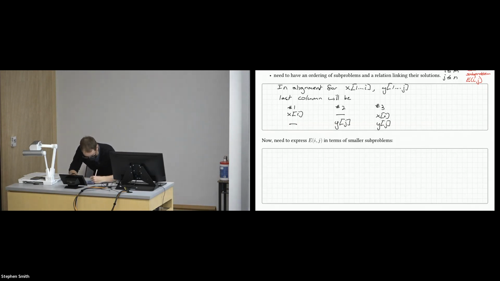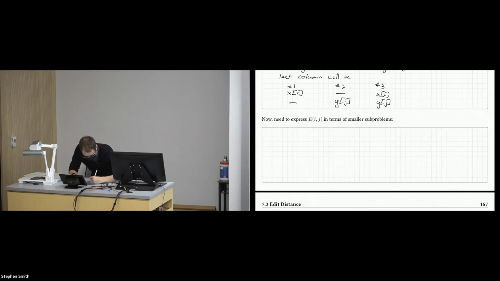So for number 1, we get 1 plus the cost of alignment of x1 to i minus 1 and y1 to j.